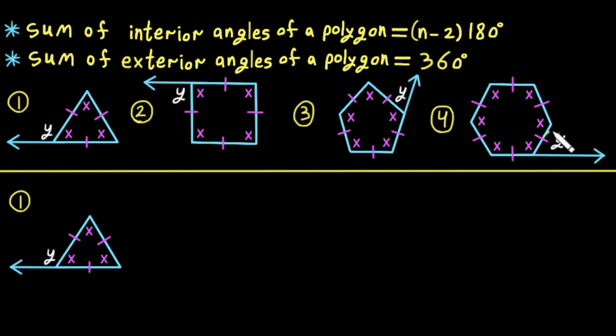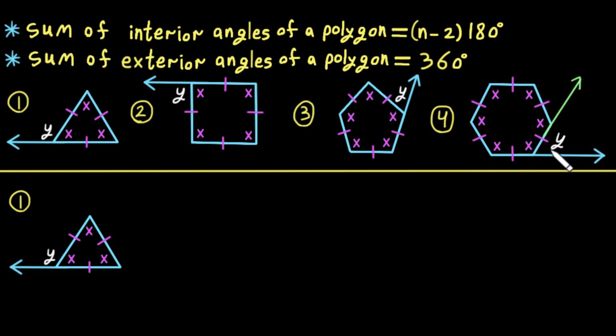So let's say here we extend this side. Of course, this should be the same as here, because these two angles form a linear pair. So the sum of this straight angle is 180 degrees. Since this one equals this one, this one will equal this one. So that's why each exterior angle of a regular polygon is equal.